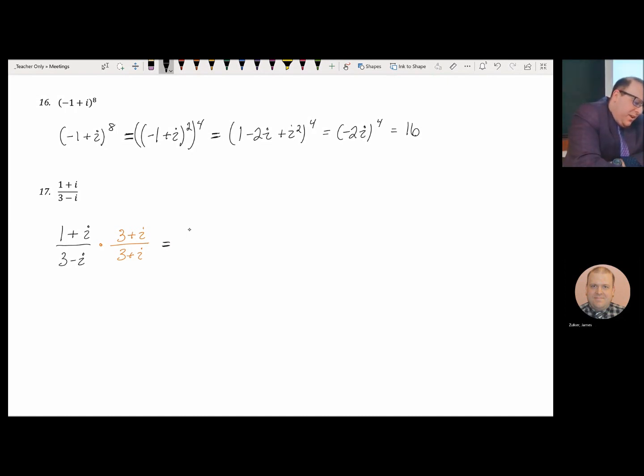We're going to get in the numerator 3 plus i plus 3i plus i squared, right? And then the denominator, notice that is a difference of squares. It'll just be 9 minus i squared.